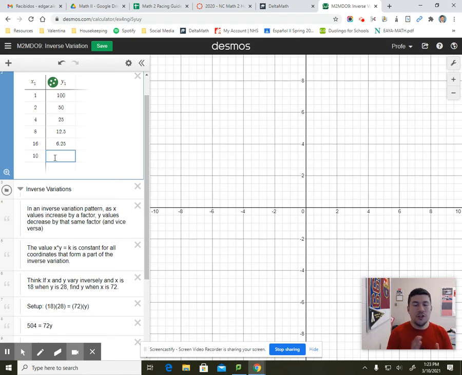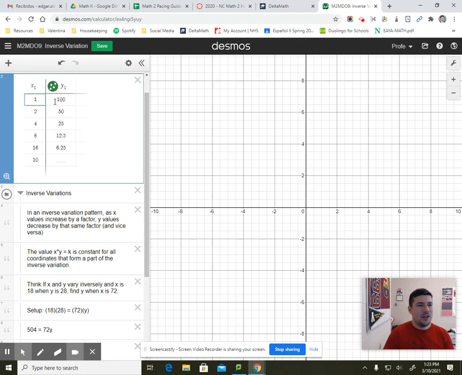Well, there's something you need to notice about inverse variation: if I take my x value and multiply it by my y value, every single time I get 100 in this particular case. 2 times 50, 100. 4 times 25, 100. 8 times 12.5, 100. So if my x is 10, then I know for sure that my y is also going to be 10. And we'll talk about a neat little graph that this creates tomorrow.